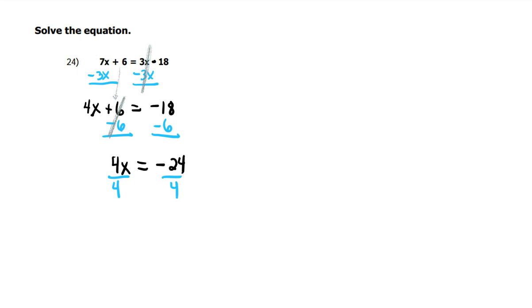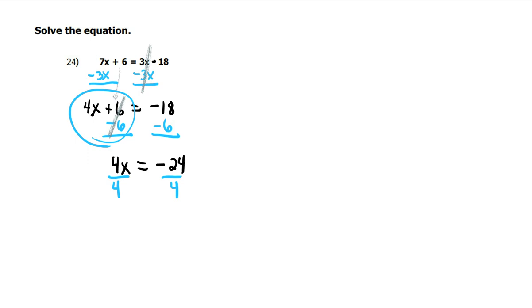Since that 4 is multiplied onto the x, you would have to turn around and divide by 4 to cancel it out. Multiplying and dividing are opposites of each other. Just like up on the previous step, when I did a minus 6, it's because I wanted to cancel out a plus 6.